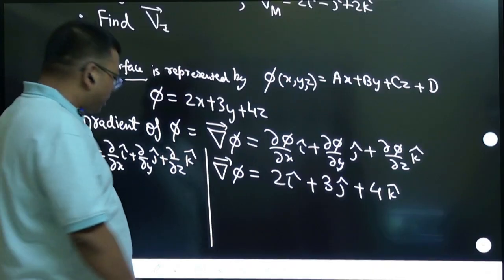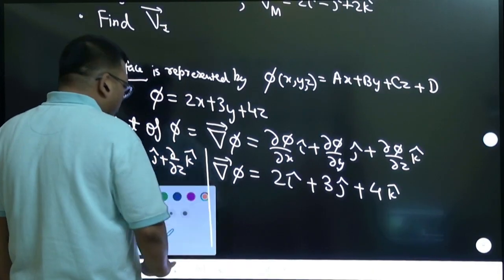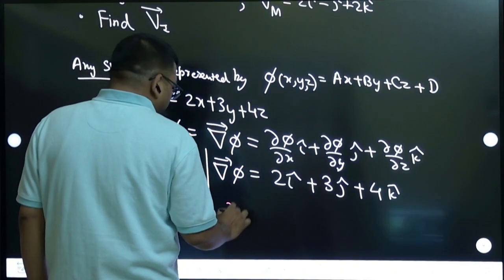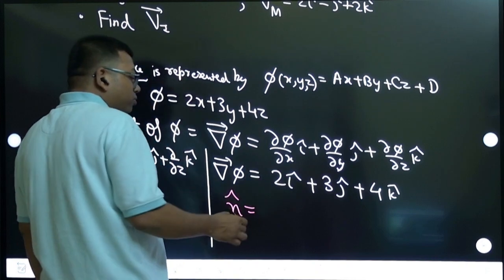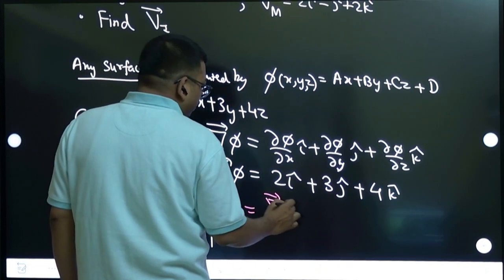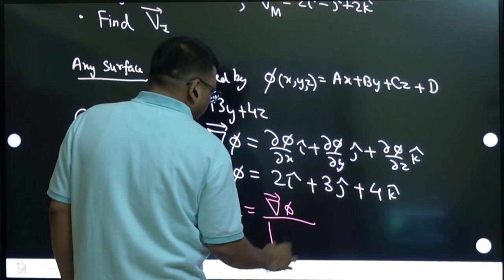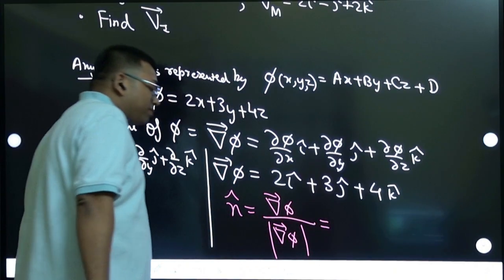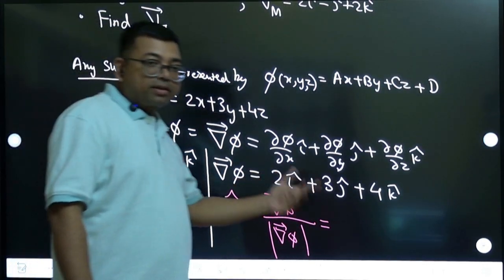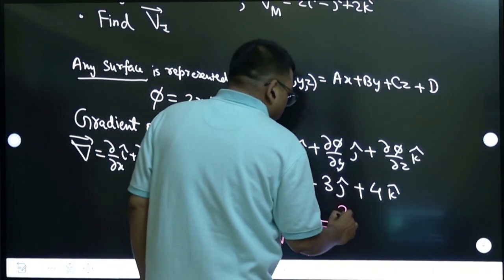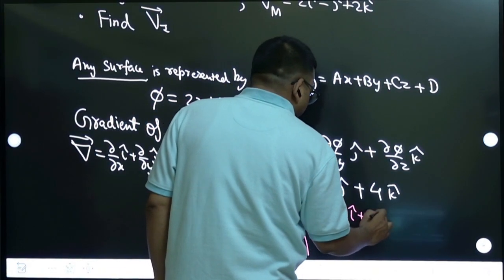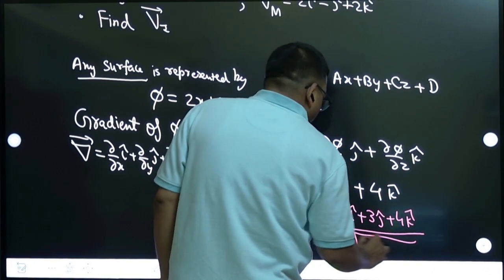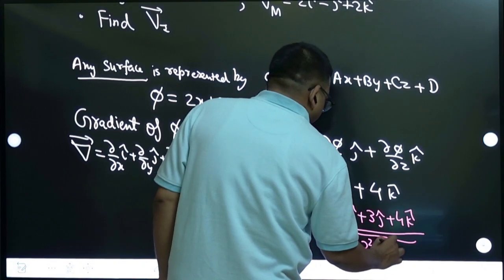Now you can calculate a unit normal vector, which is, let us say, n cap. A unit vector, how do you calculate? A vector divided by its magnitude, right? Vector divided by magnitude is called unit vector. So 2i cap plus 3j cap plus 4k cap divided by the magnitude of the vector, root of 2 square plus 3 square plus 4 square.